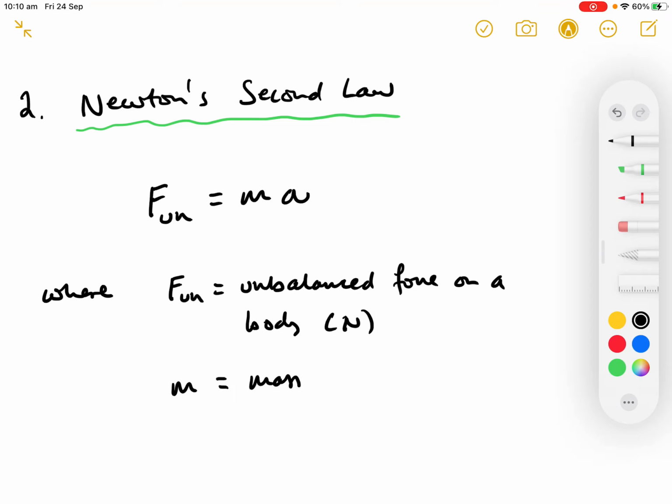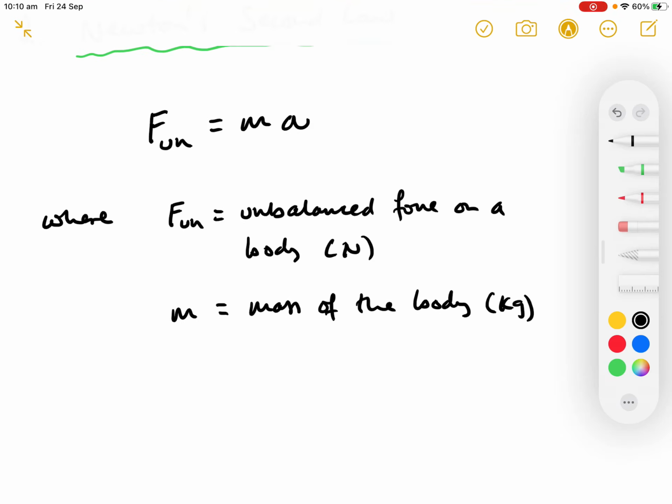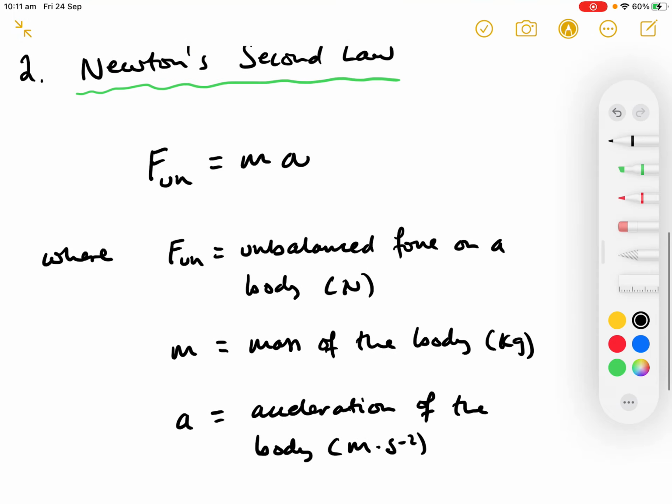m is the mass of the body, and that must be in kilograms for the law to hold. And a is the acceleration of the body in meters seconds to the minus 2.